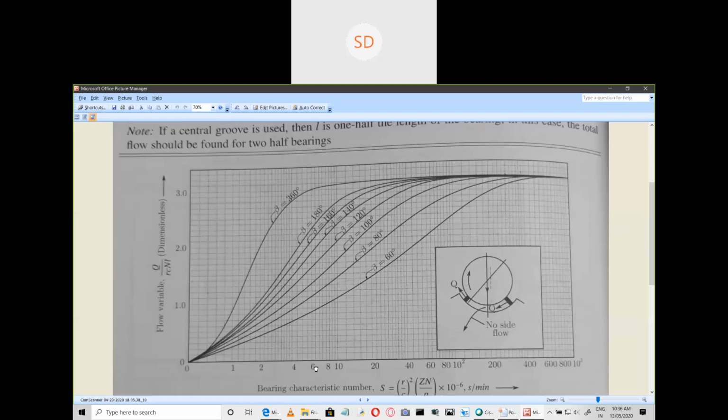Now you just look at here. It is 7.62 here. You just move in a vertical direction. Now beta equal to 360, you are going to get some value here. So the flow variable is nearly 3.05.